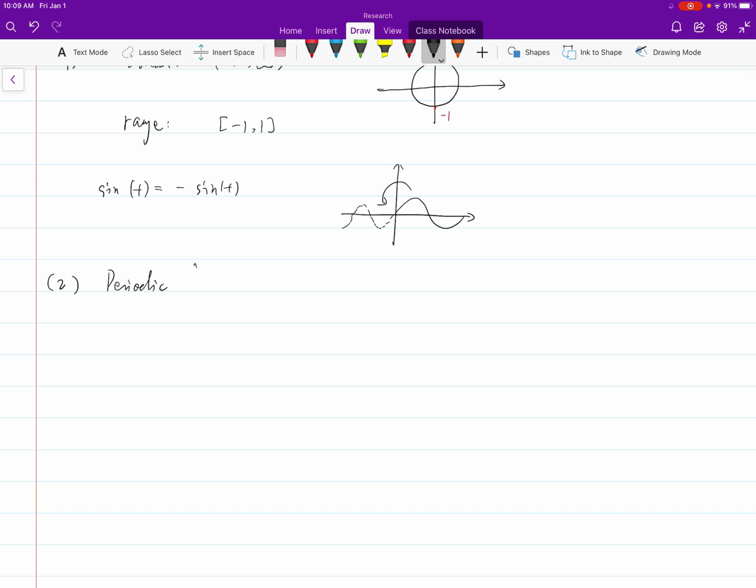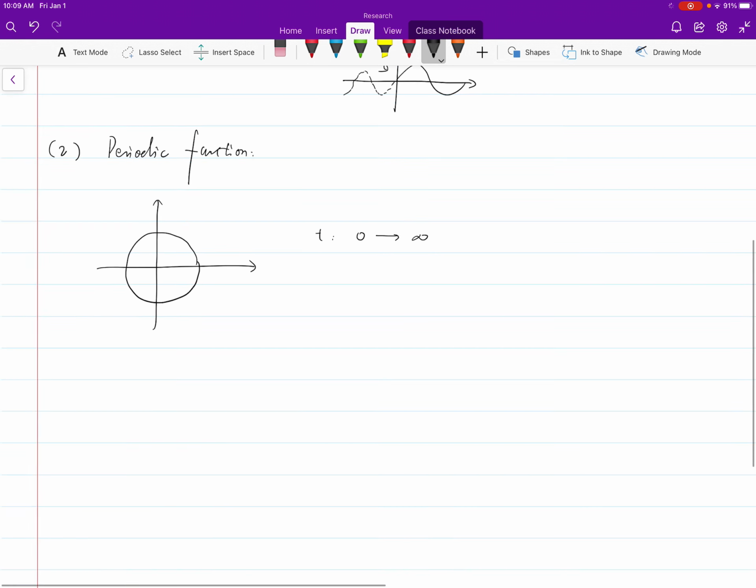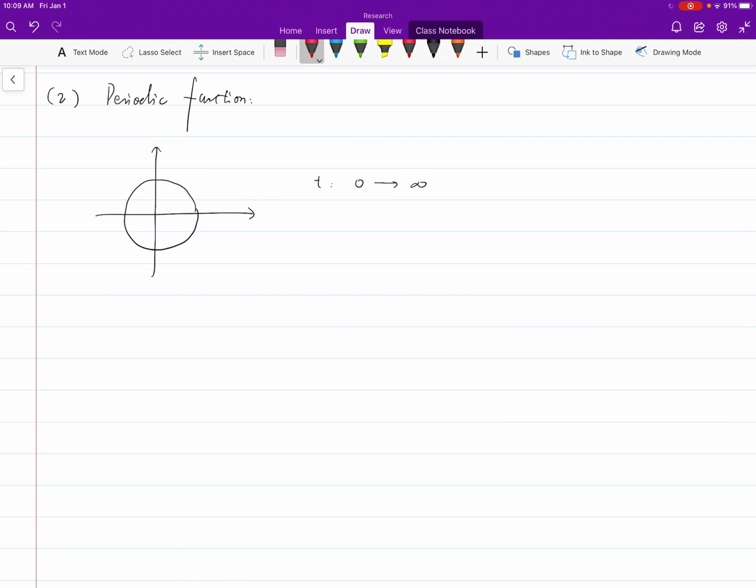The second thing, which is very special, we call it a periodic function. For this reason, think about sine. You can imagine as your sine changes from 0 to infinity, your sine value would go from here to here, all the way up to 2 pi, which is fine.